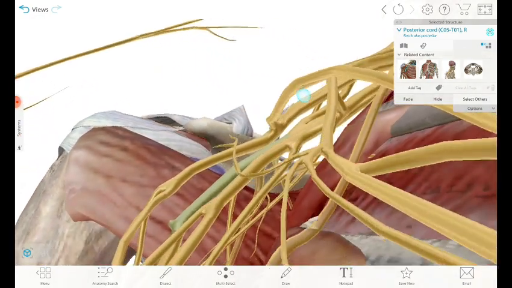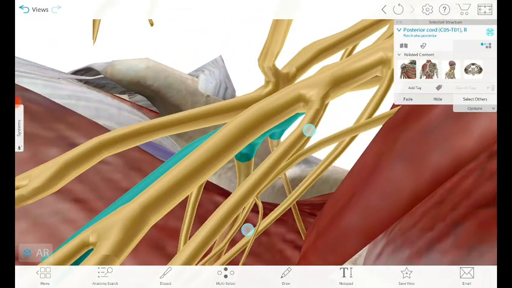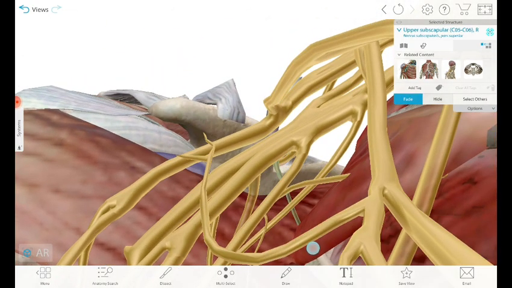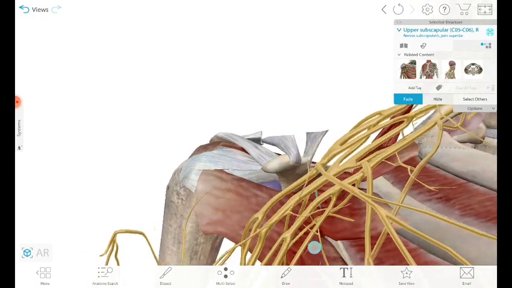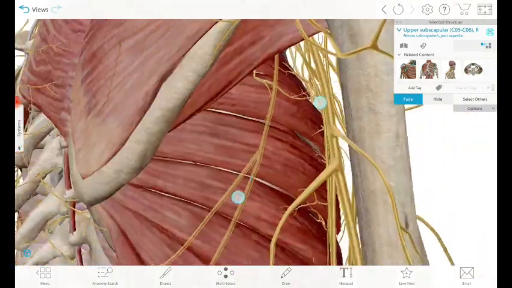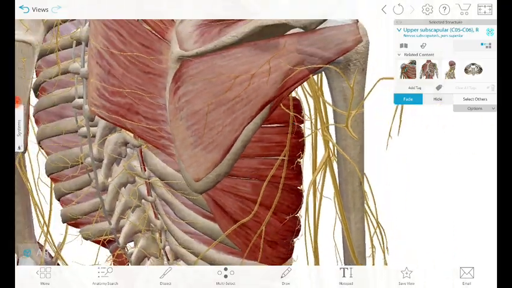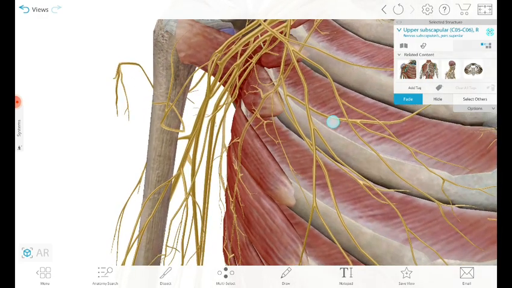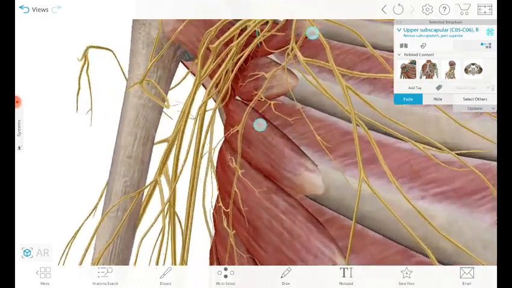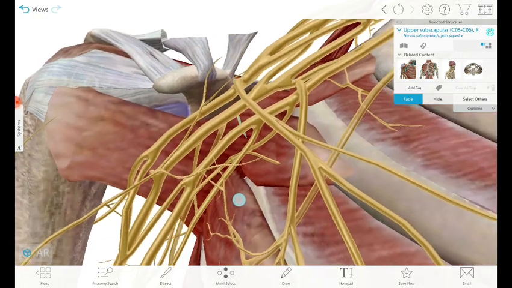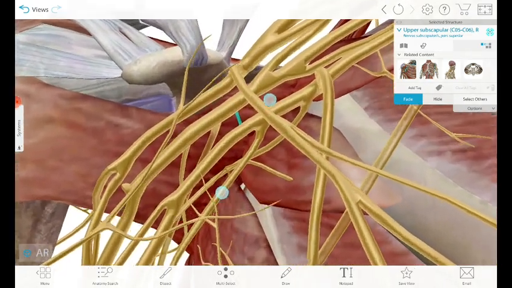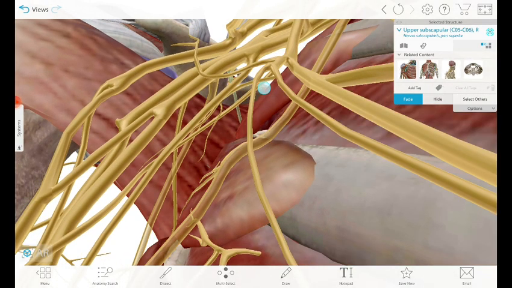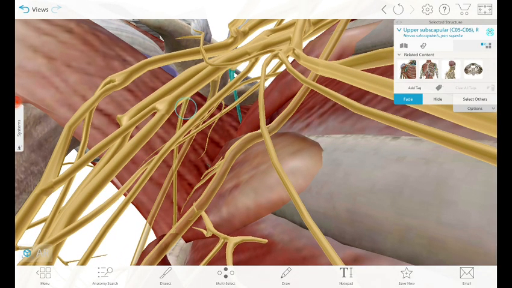So when we rotate inferiorly, we can see two branches coming out. First is this. So this is the upper subscapular nerve. Let's rotate this model posteriorly. We are not able to see through this, but it is supplying the subscapularis muscle. It is lying near the subscapularis muscle. So this is the upper subscapular nerve being given off by the posterior cord.